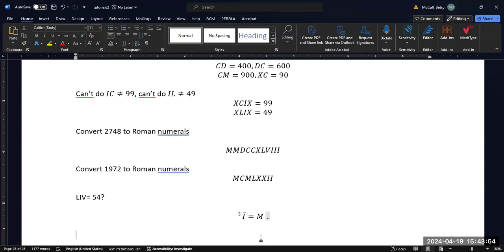That's what the bar does. So if I need a number that is bigger than 1,000, I can use this trick in order to write down the number. So let's say I want to convert 502,749 to Roman numerals.